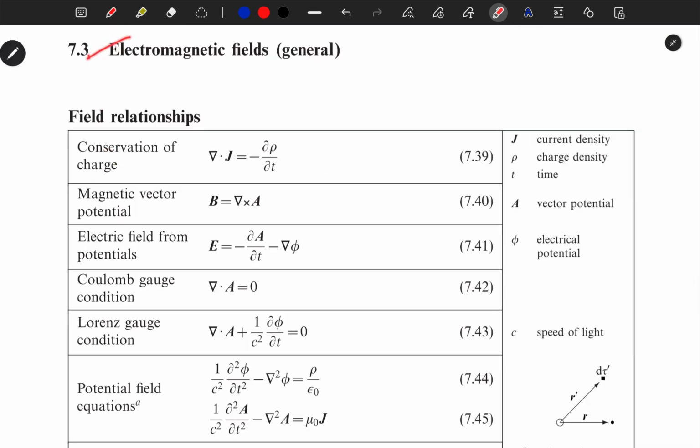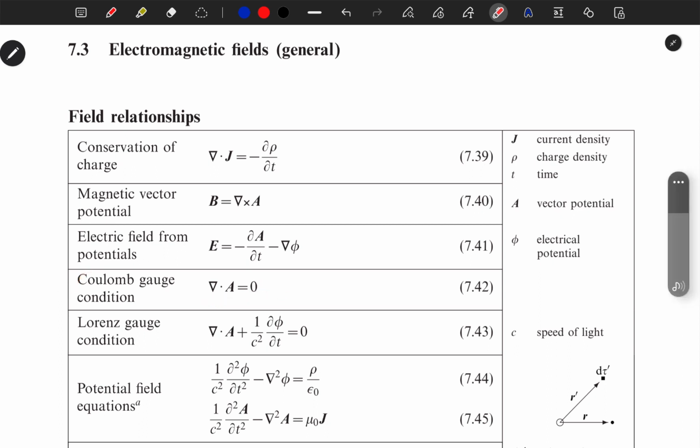Electromagnetic fields. Conservation of charge gives the continuity equation. Magnetic vector potential: B equals curl of A. Electric field from a potential: E equals minus grad phi minus del A by del t. Coulomb gauge condition: divergence of A equals 0.